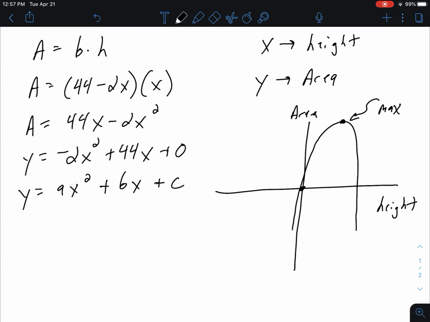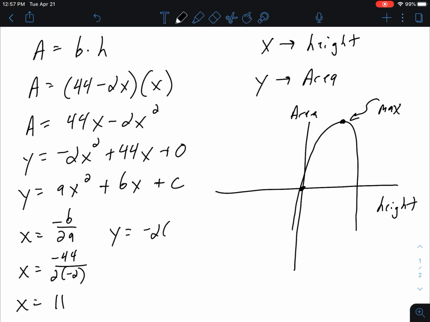Well, if you're talking about it in terms of a quadratic form, we're already there. So you can do your little formula, negative b over 2a. That would be a negative 44 over 2 times negative 2. That's a negative 44 over negative 4, which is a positive 11.